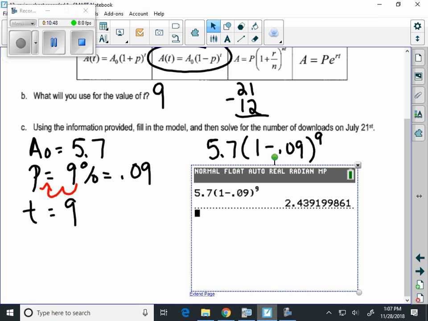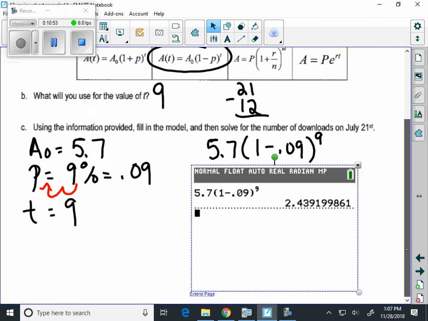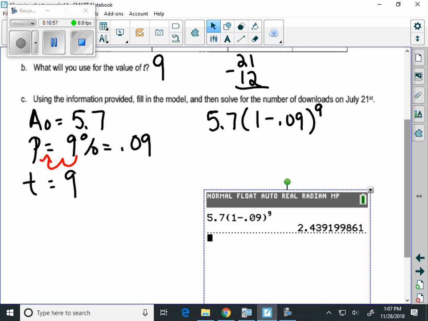And as I look at the directions here in terms of show the setup of the model, to the nearest whole number is what the problem says. And we're looking at the downloads here.